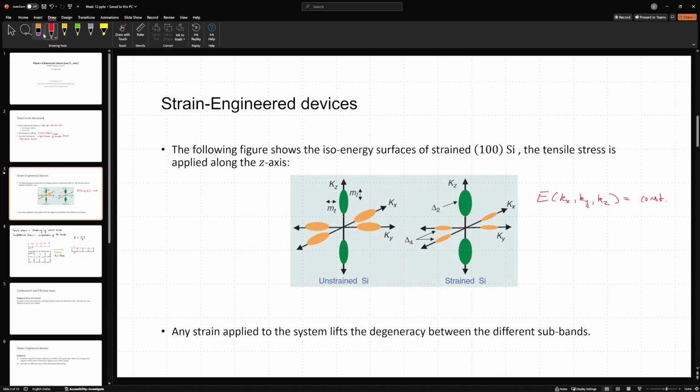So when I say stress, I imply that stress is essentially force per unit area, or force per unit length, depending on the dimensionality of the system.